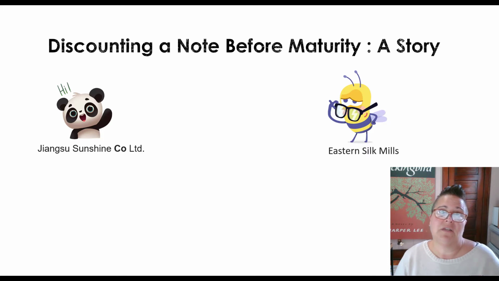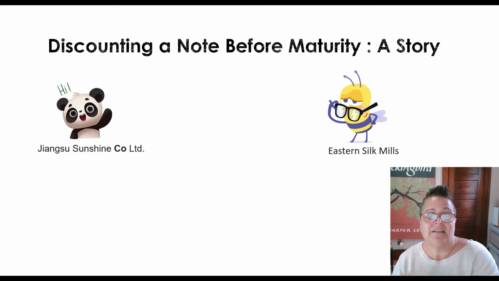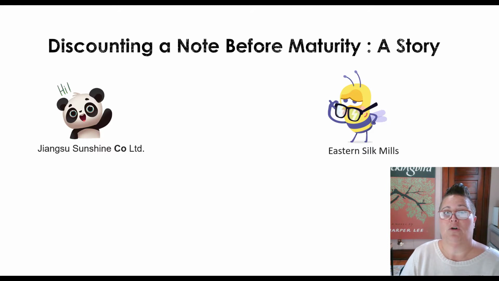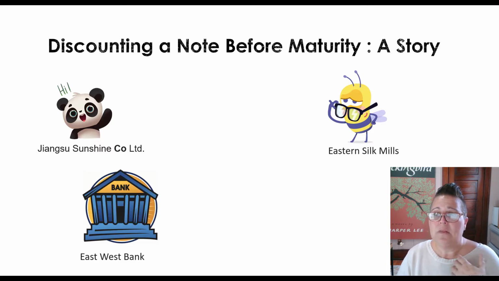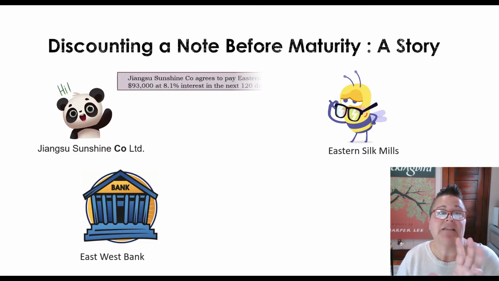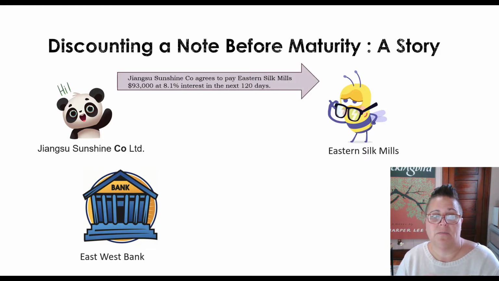And so Jiangsu Sunshine Company has asked Eastern Silk Mills for a loan in order to be able to order silk from them. In fact, Jiangsu Sunshine Company has agreed to pay Eastern Silk Mills $93,000 at 8.1% interest in the next 120 days. So essentially, Jiangsu Sunshine Company has taken out a promissory note from Eastern Silk Mills in order to be able to buy their product.